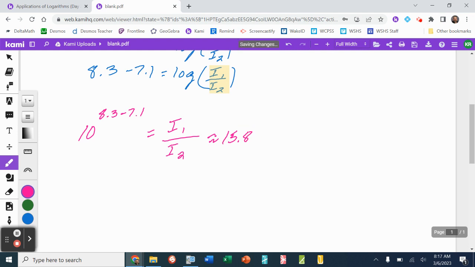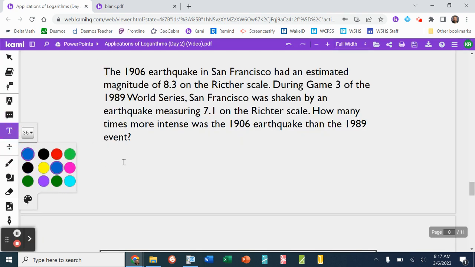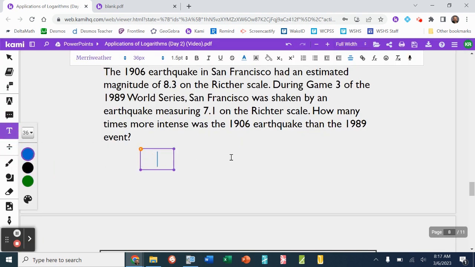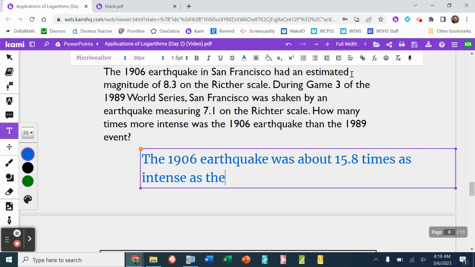Going back to the question, this is the work for it. We now know that the 1906 earthquake was about 15.8 times as intense as the 1989 earthquake.